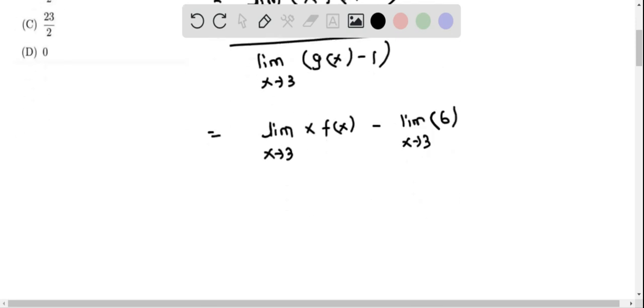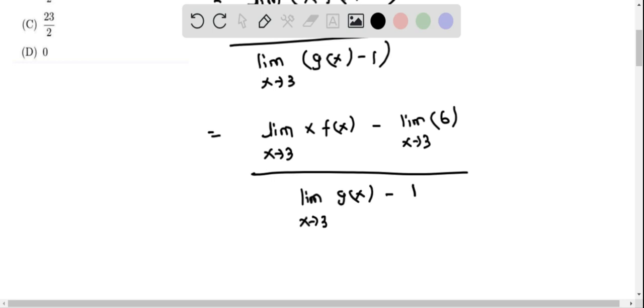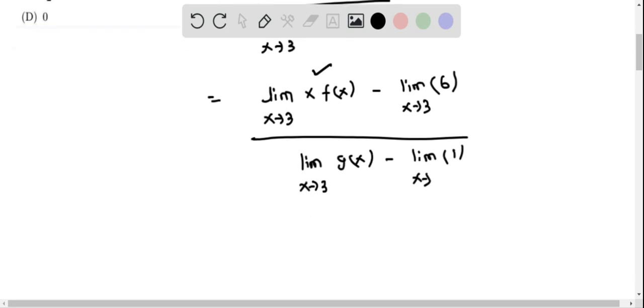And as well in the denominator, we can apply the difference rule. When you do that, we get the limit as x approaches 3 of g(x) minus the limit as x approaches 3 of 1. We will further simplify this. Here we can apply the limit of a product, which becomes the product of the limits.